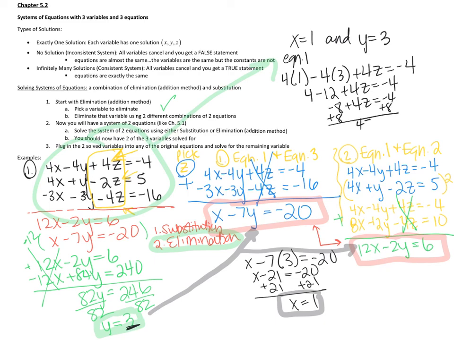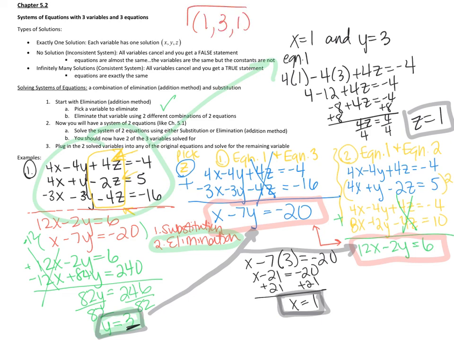So I'm going to have 4z equals 4. Then I'm going to divide by 4. So I get z to equal 1. So now that I've got my 3 answers, I've got a y, I've got an x, and I've got a z, I can write my ordered pair as x, which was 1, y, which was 3, and z, which was 1.